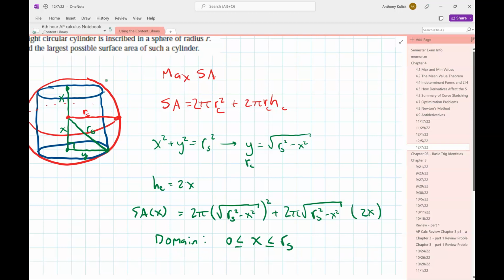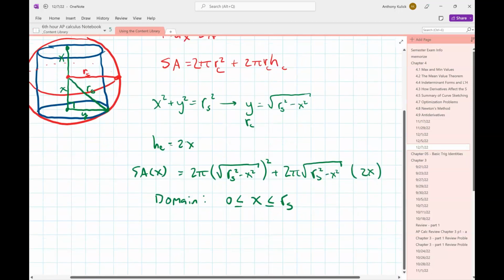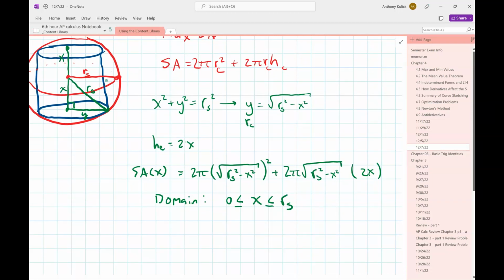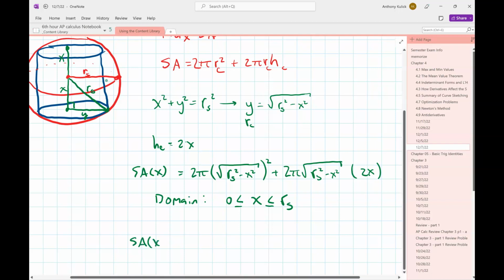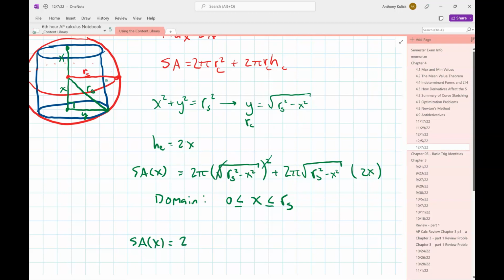If it was bigger than that, we'd be undefined, because I'd have r squared minus something bigger than r squared that I'd be square rooting, and that's a problem. Everybody cool with that? Okay. So I'm going to do some simplifying here now a little bit. I think the calculus is going to be a little bit easier if I do that.